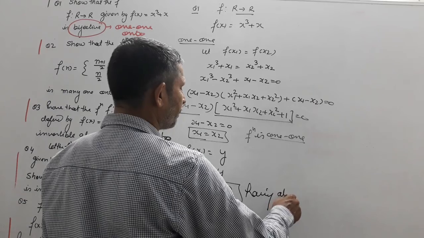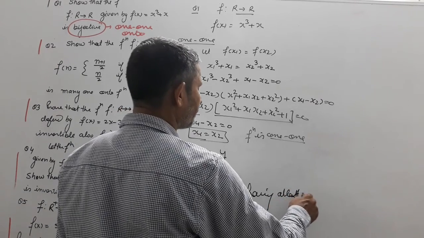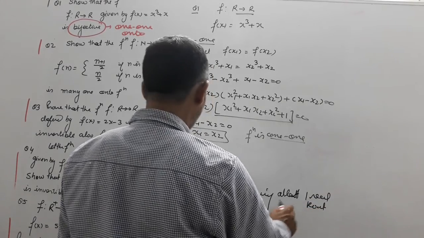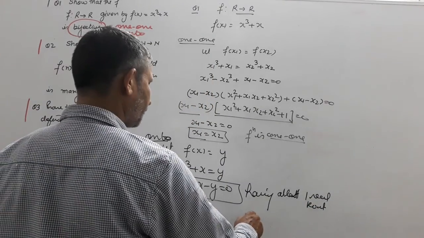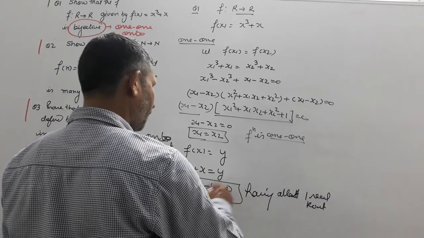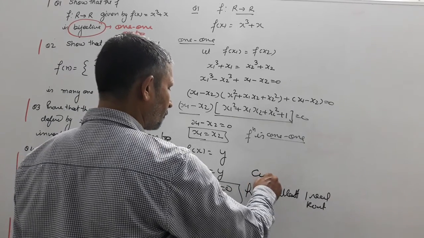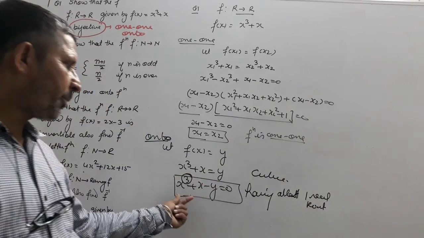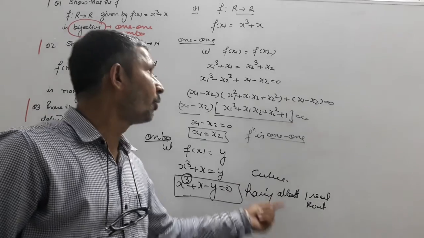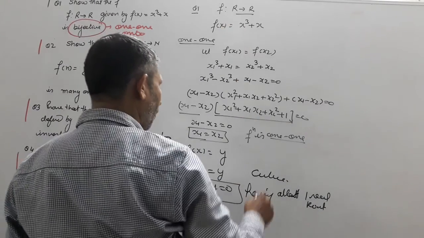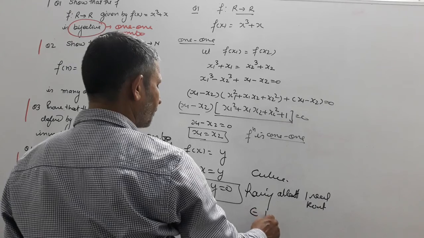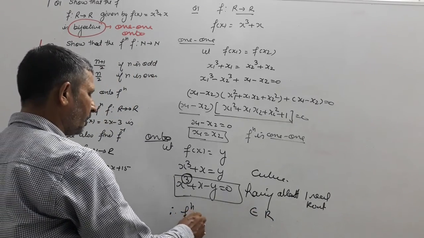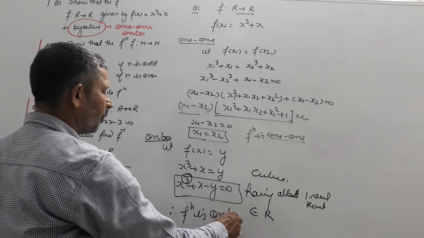Having at least one real root means one real value of x, because the highest power of the variable is 3, cubic. A cubic function has at least one real root, which belongs to R. Therefore the function is onto.